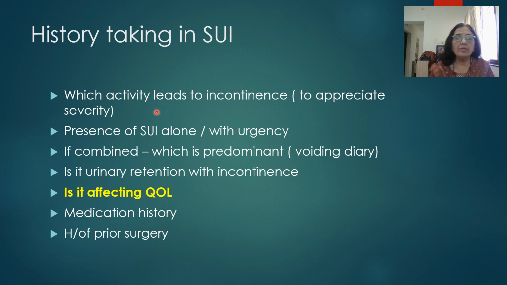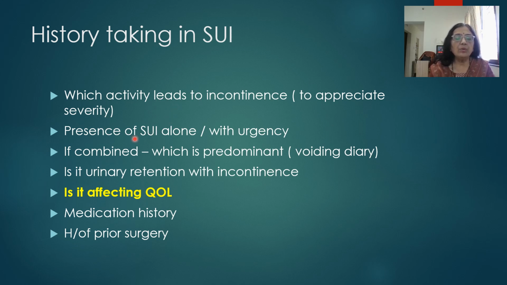In severe cases of SUI, incontinence can occur even with a change in position, or there can be nocturnal incontinence, that is, incontinence observed by the patient in deep sleep. So we can determine the severity on the basis of careful history taking.